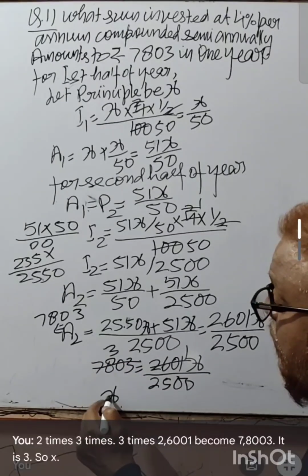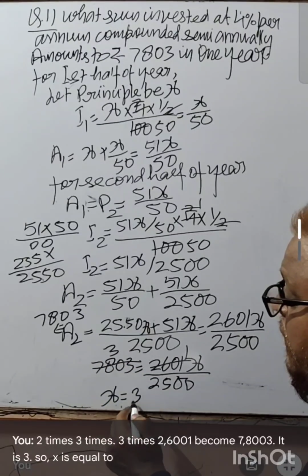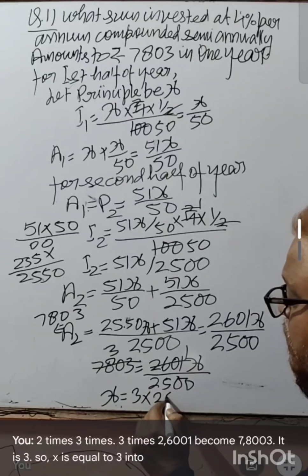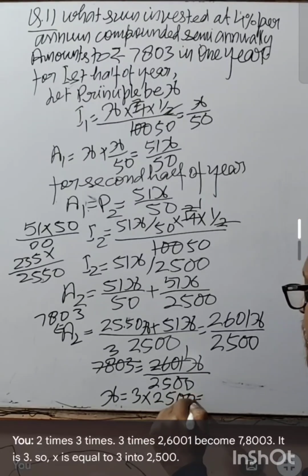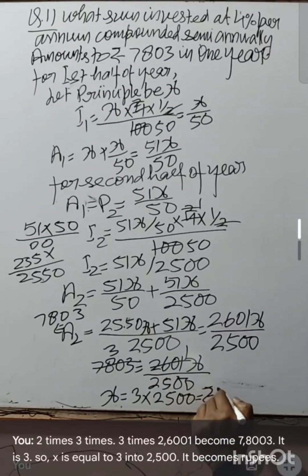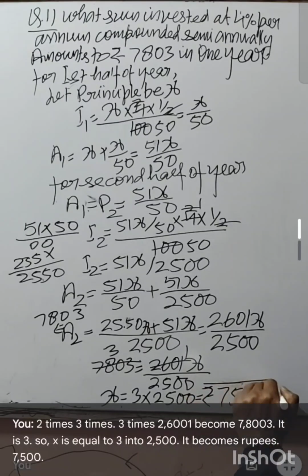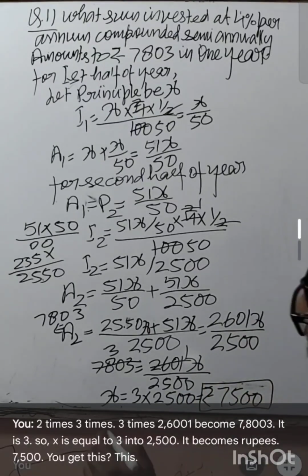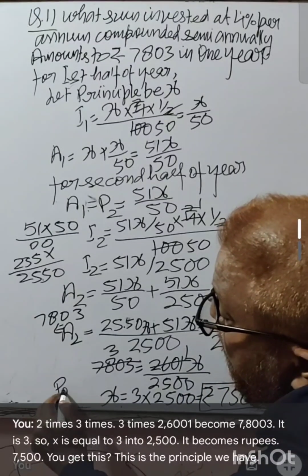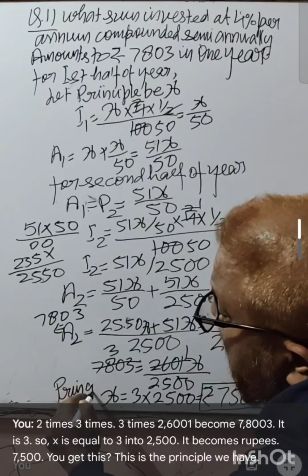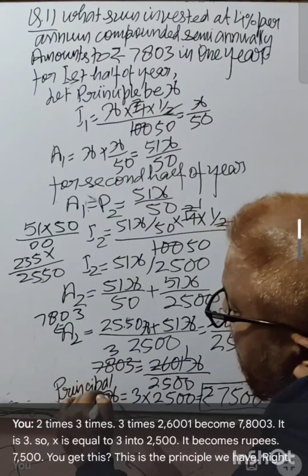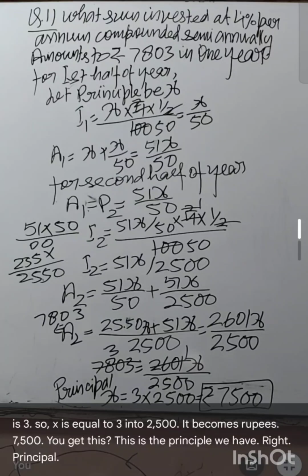So X is equal to 3 into 2500, which becomes rupees 7500. You get this? This is the principal we have, right? Yes, sir. Okay, so did you get this answer?